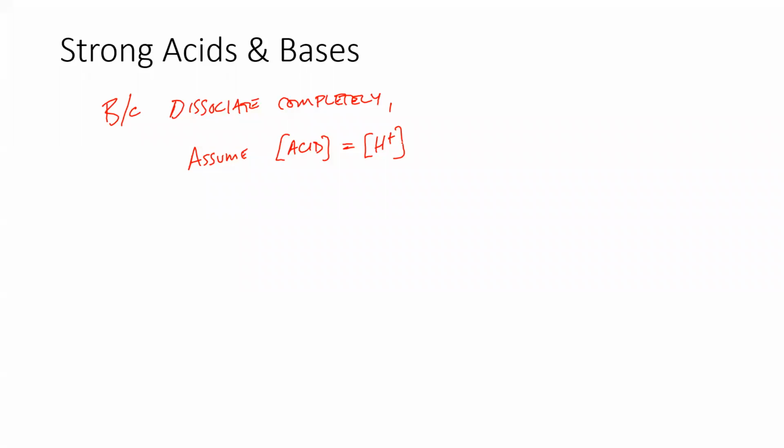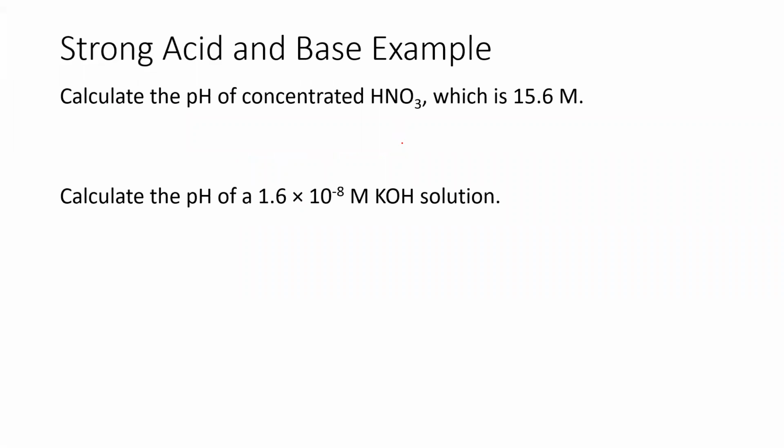So that being said, let's do another quick example. The pH of concentrated nitric is 15.6 molar. pH is just negative log of that concentration. We end up with a negative pH.